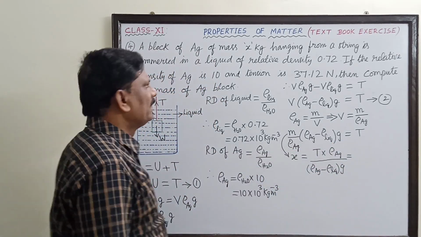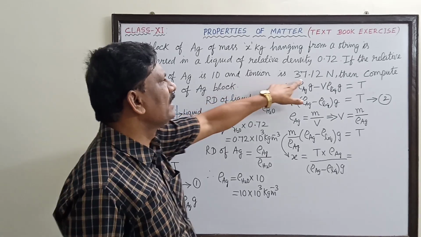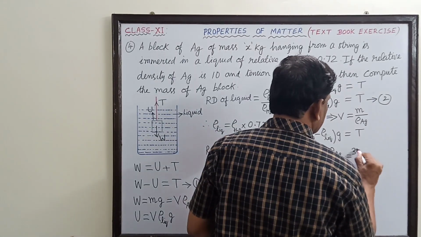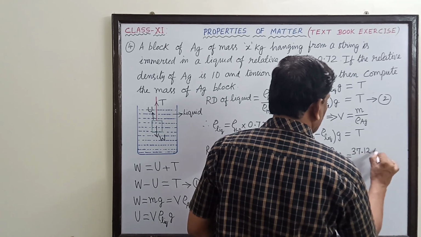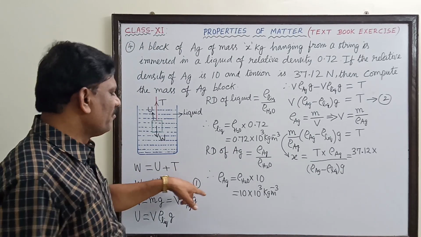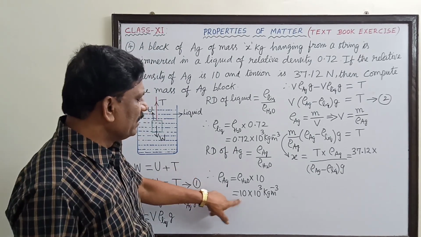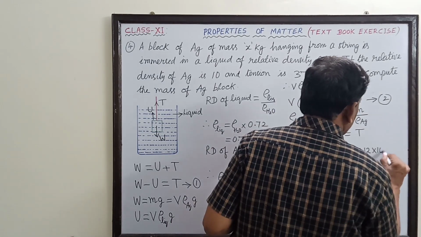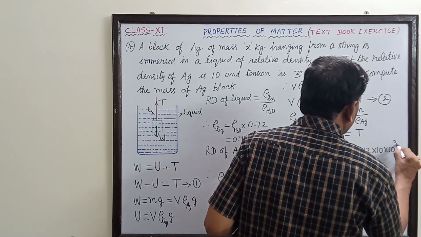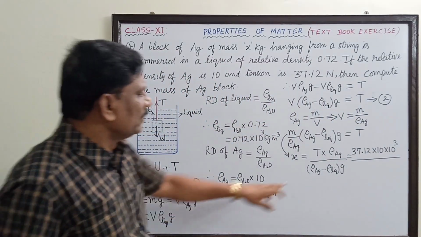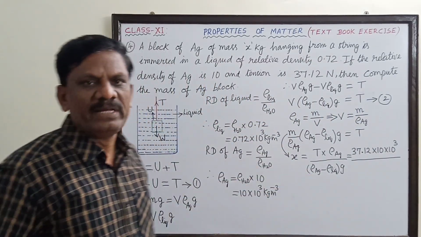Now what is the tension? The tension is given as 37.12. So I will write here 37.12 multiplied by the density of silver we have already found. Rho for silver is 10 into 10 power 3, divided by rho silver minus rho liquid.